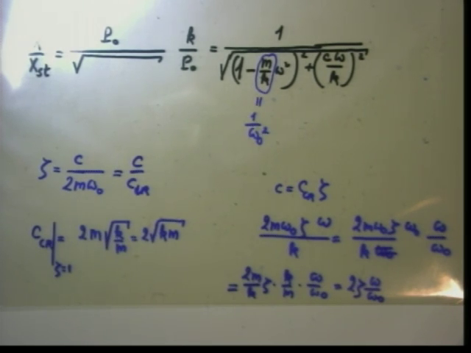So then k and k are gone, m and m are gone. 2 zeta times omega over omega 0. We get a very beautiful expression. There is no m and k and c. We have 2 zeta times omega over omega 0. We get a very, very, very beautiful expression. I said it 6 times, so I could have said 7 times.